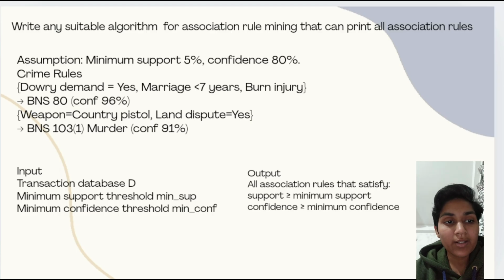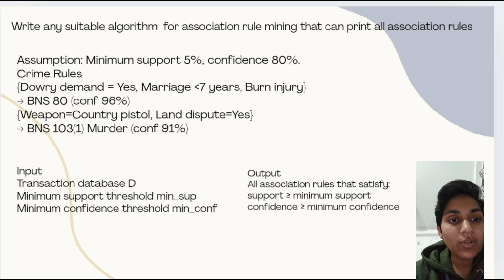So our input in this data is transaction database D, the minimum support threshold, min_sup, minimum confidence threshold, min_conf, and the output that we get from this data is all association rules that satisfy support greater than or equal to minimum support and confidence greater than or equal to minimum confidence.